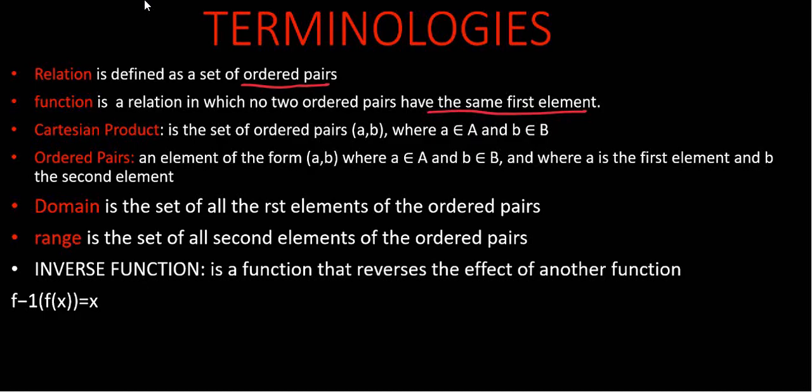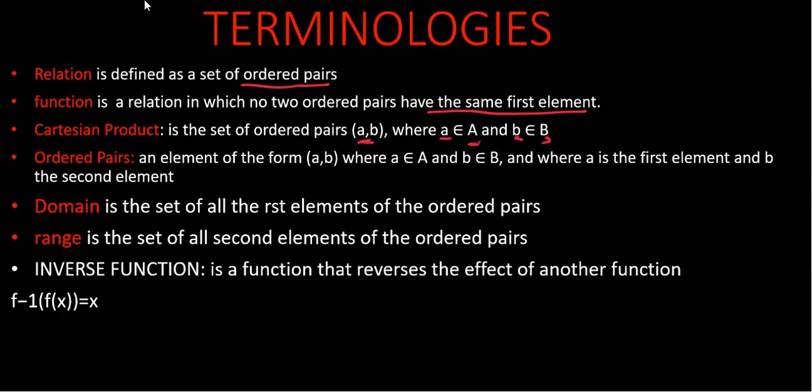How about a Cartesian product? You can say a Cartesian product is a set of ordered pairs (A, B), where A is a member of set A and B is a member of set B. How about the ordered pairs?